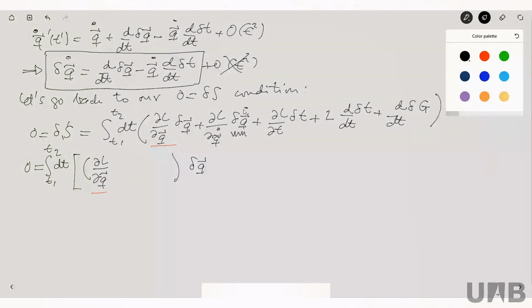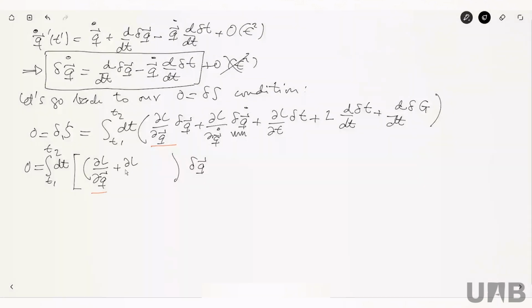And now I use that the delta q dot has a derivative with respect to time on the delta q, right? This term. So that means that I can write here plus the derivative of L with respect to q dot. That's exactly the same thing.